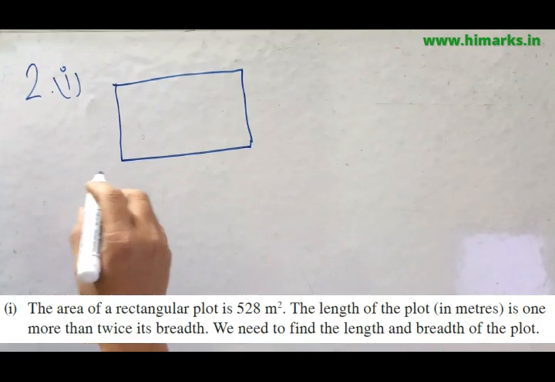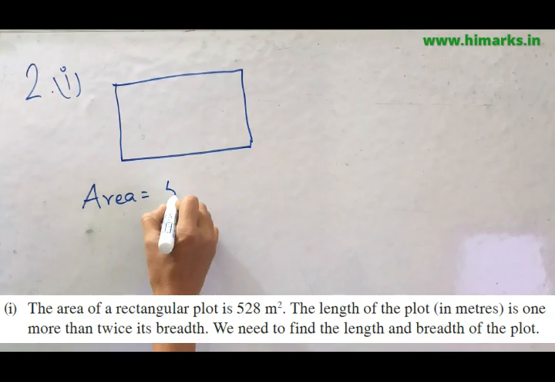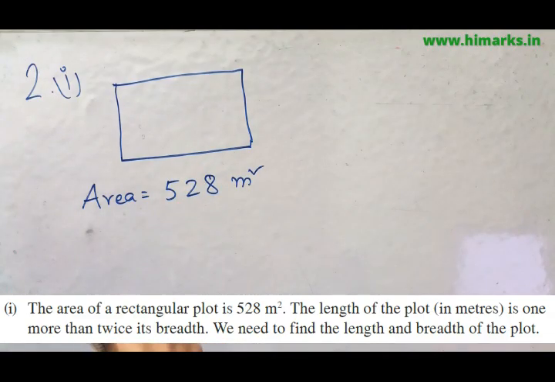So the area is given as 528 meter square. Next, length of the plot is one more than twice its breadth. See, this statement you have to convert to a mathematical equation. So here, length of the plot, so length, what is that?